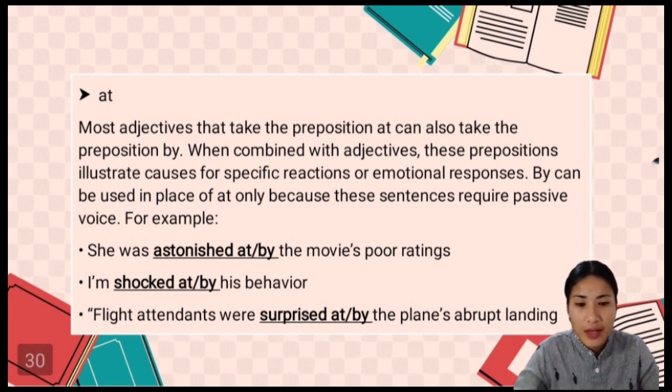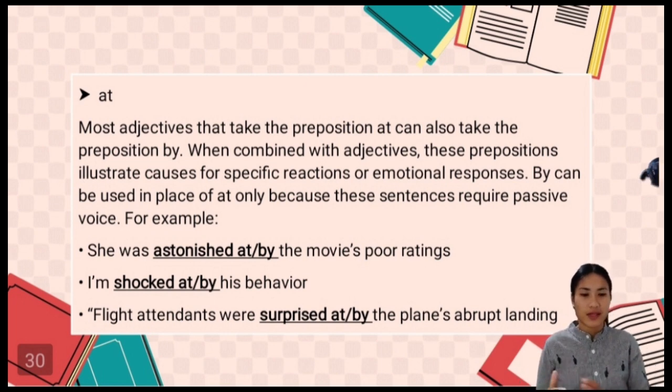When combined with an adjective, this preposition illustrates the cause for a specific reaction or emotional response. By can be used in place of at only because this sentence requires passive voice.